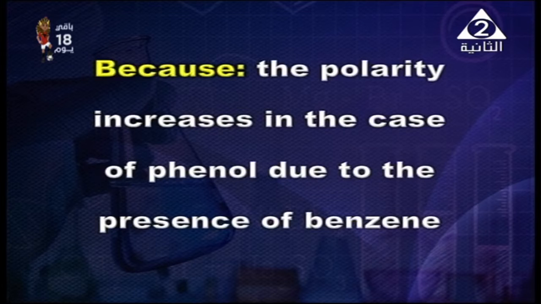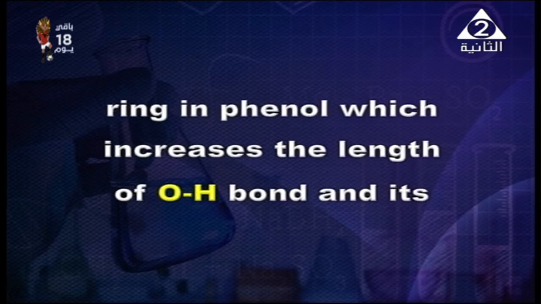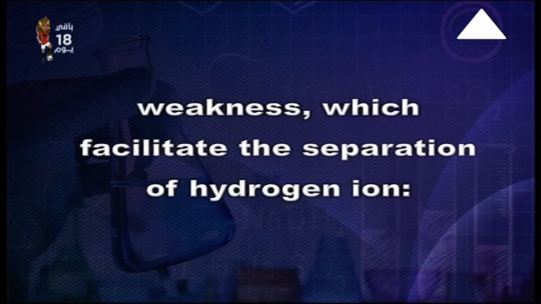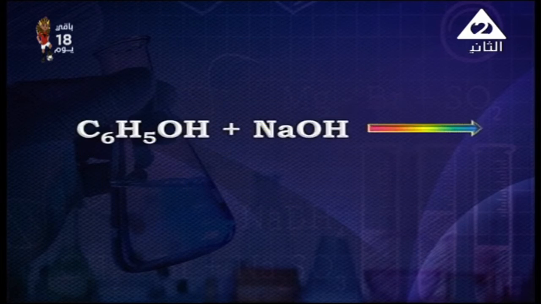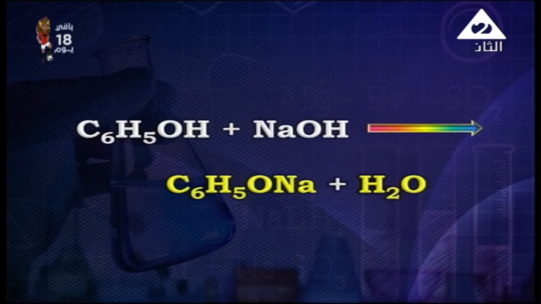The reason for that is that the polarity increases in the case of phenol due to the presence of the benzene ring, which increases the length of the OH bond and its weakness, which facilitates the separation of the positive hydrogen ion. As the equation proceeds on the screen, phenol plus sodium hydroxide gives sodium phenoxide, C6H5ONa, or sodium phenate, and water.